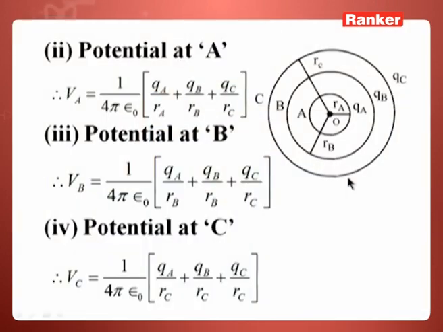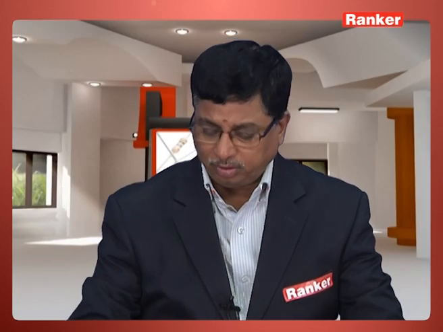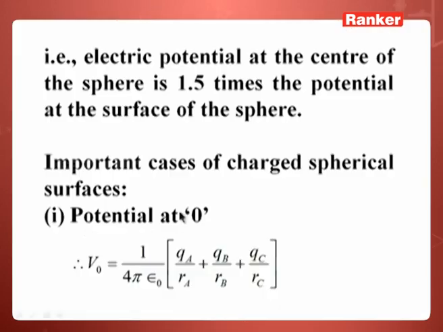Now from this, they can ask you different cases. This is the center O. So the first question they can ask you is, what is the electric potential at O?